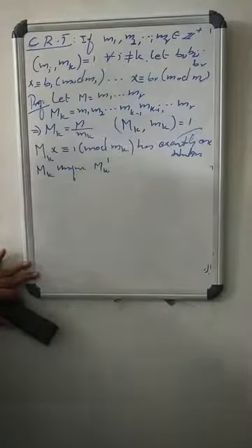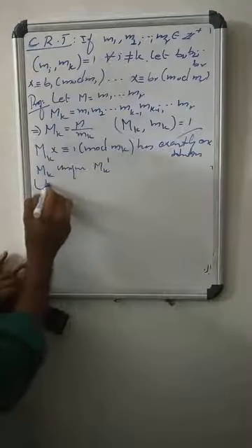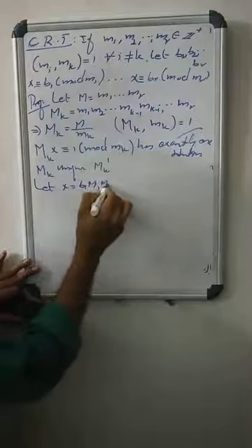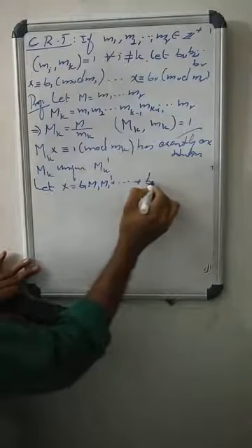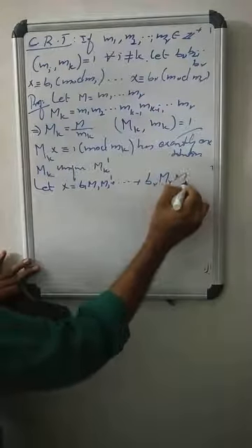Let it be Mk dash, such that Mk Mk dash ≡ 1 mod mk. Now let x = b1 M1 M1 dash + etc. + bk Mk Mk dash + etc. + br Mr Mr dash.